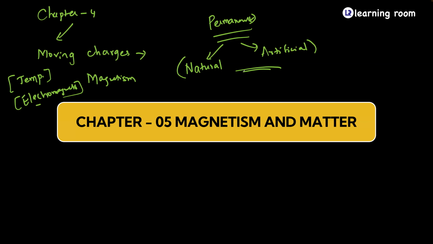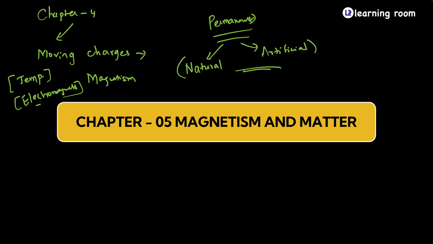For magnetism, you need to have the charges in motion. That is the thumb rule, no doubt in that. Having said that, we said that permanent magnets do not need any electricity to exhibit magnetism. But the question is, where do they acquire magnetism if the charges are supposed to be in motion? See, there is a twist, no? We are only contradicting ourselves. We are saying that the charges need to be in motion for magnetism to get generated.